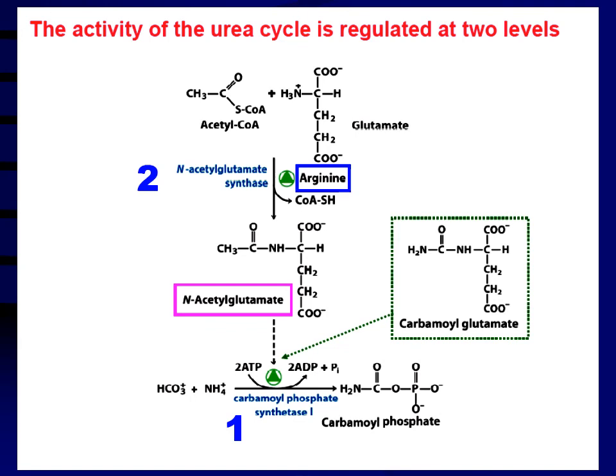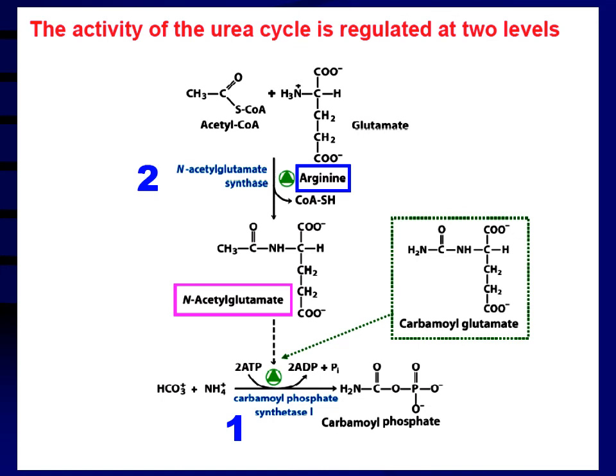The activity of the urea cycle is allosterically regulated at two levels. The key regulatory enzyme of the urea cycle is carbamyl phosphate synthetase 1. It catalyzes the reaction between bicarbonate and ammonium ion to produce carbamyl phosphate. This is an energy-consuming reaction.